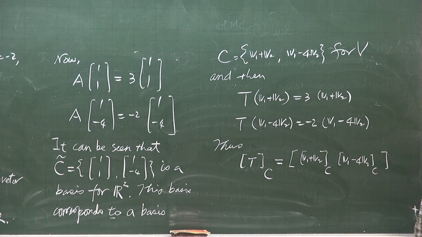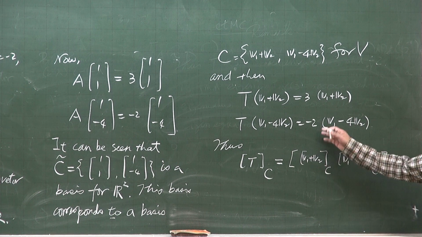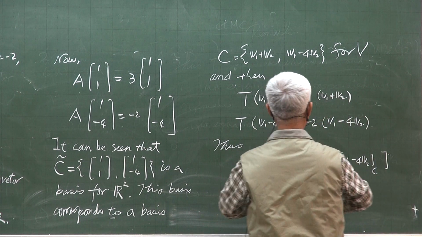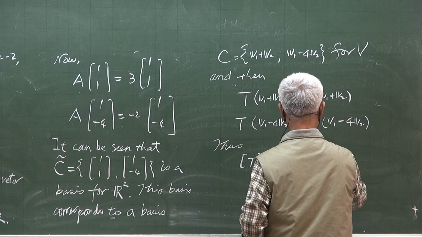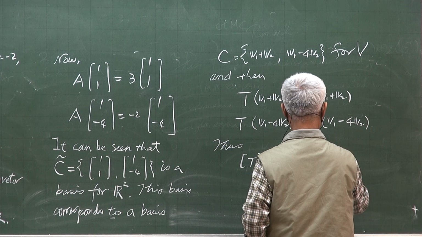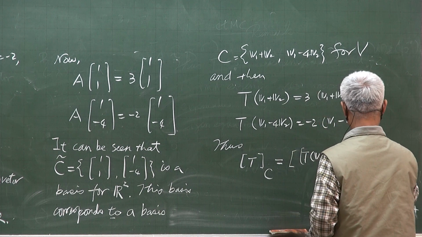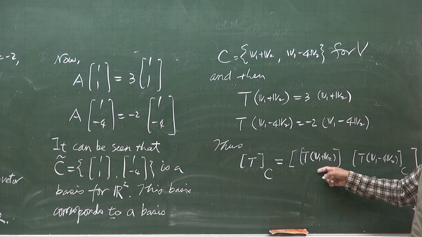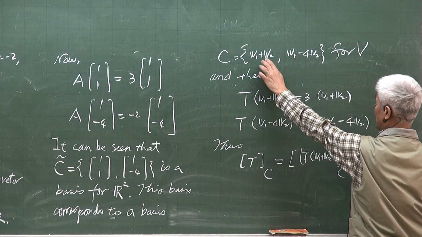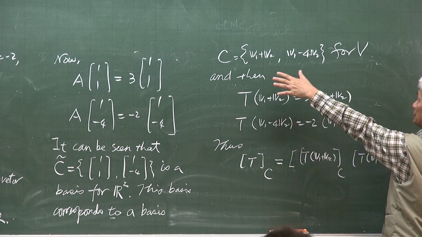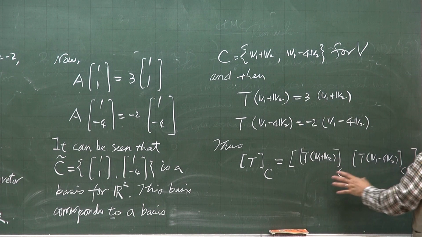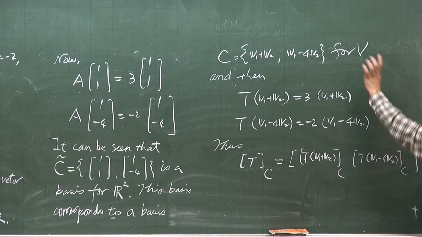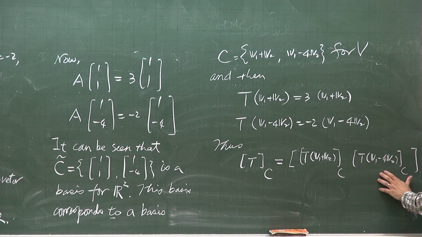This is the matrix representation we have, with column vectors. So the image of the first basis vector, we take the C coordinate again, and we take the transformation of the second vector in the basis C, and then we take the C coordinate of this image.